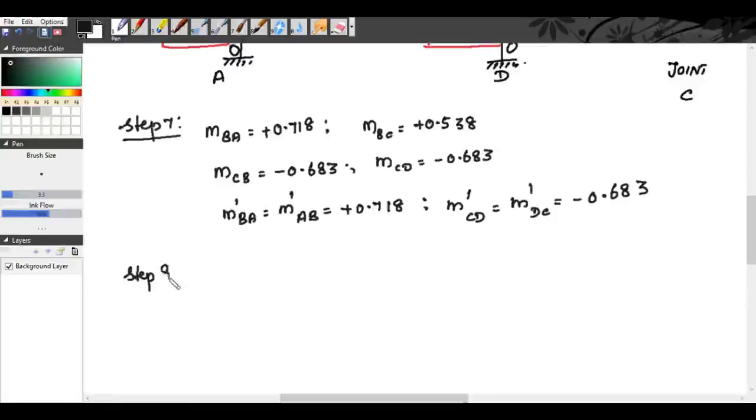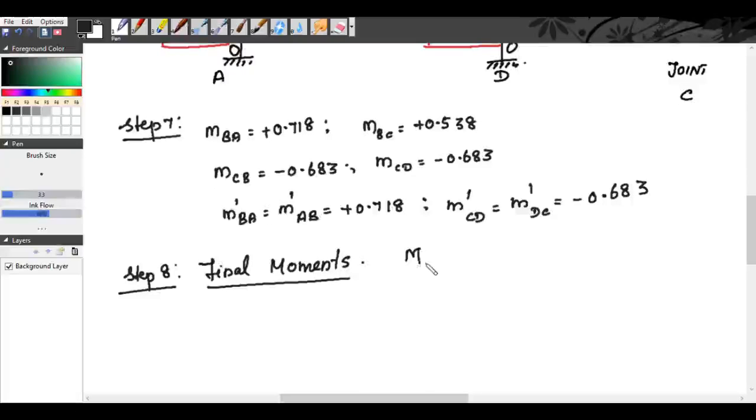So we will take that as step 8. Step 8 is determination of final moments. We know Kani's method is an extension of the slope deflection equation.